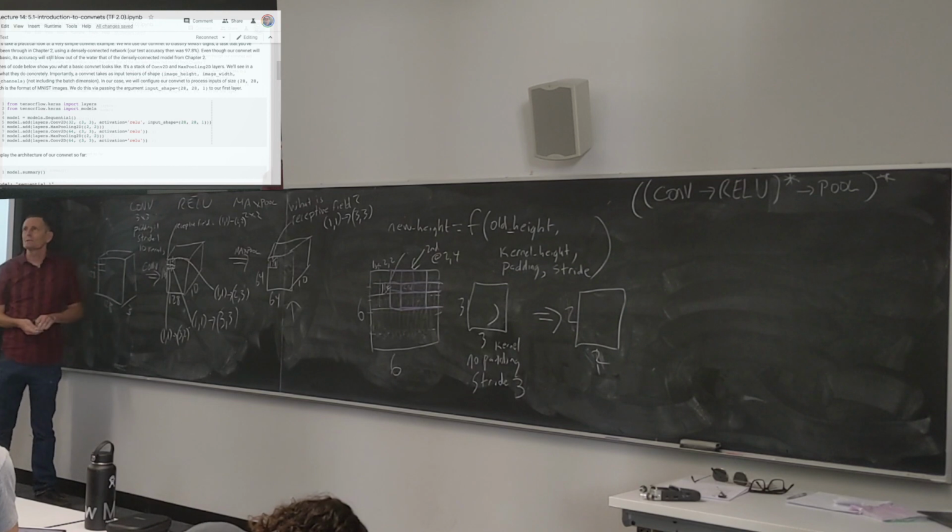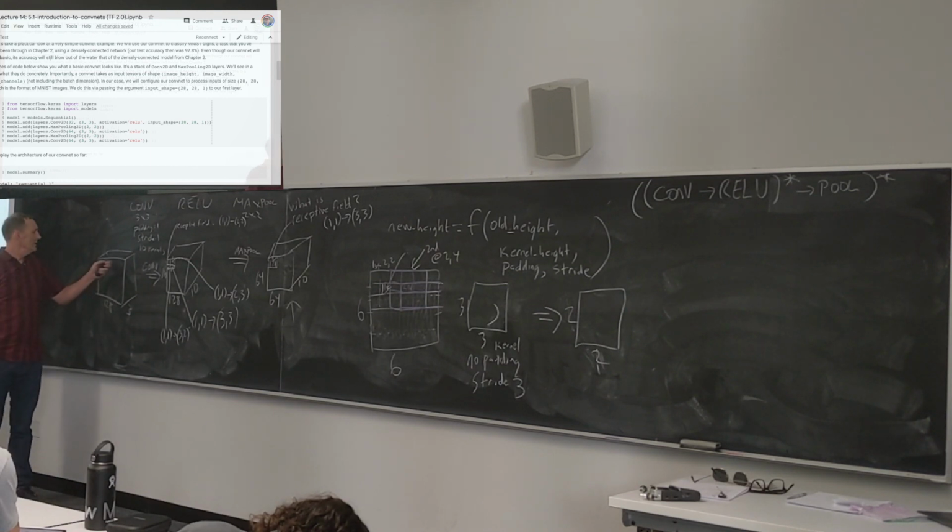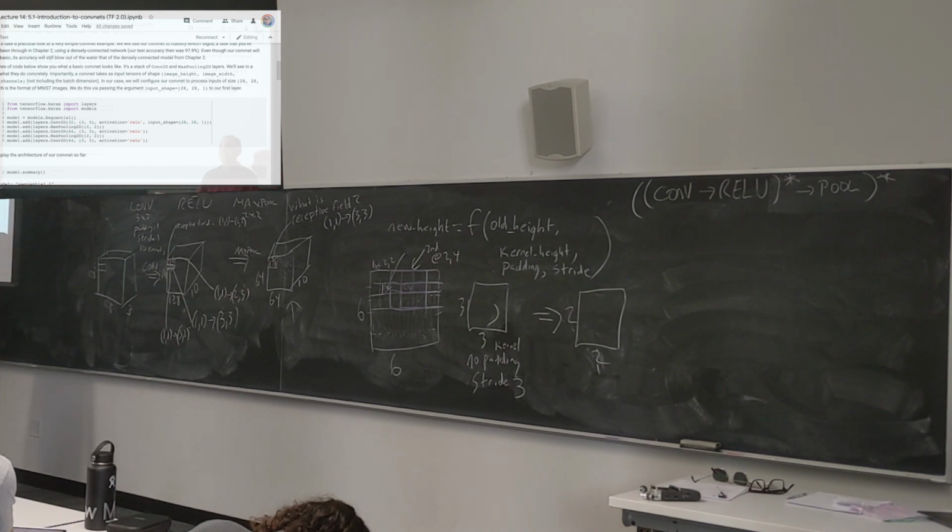So let's think for a second. This is a 2-dimensional image. Well, here's what I'm thinking. Let's say we had a movie, okay? So we have 640 by 480, let's say, VGA, right?